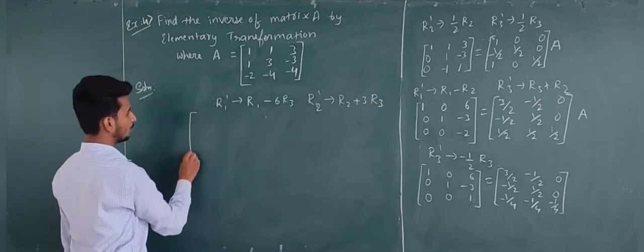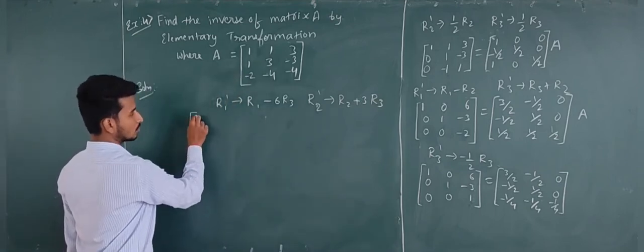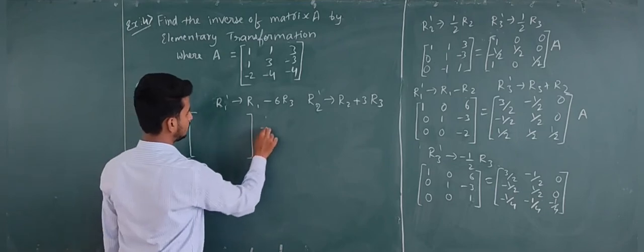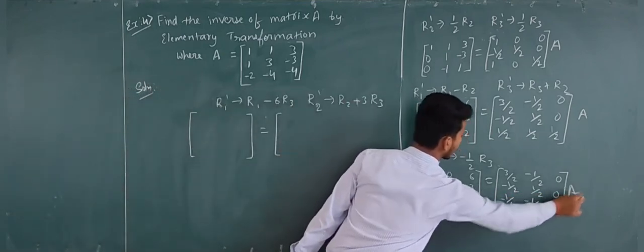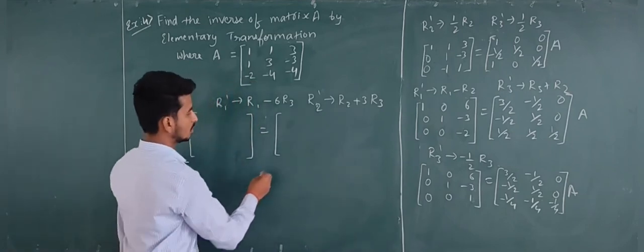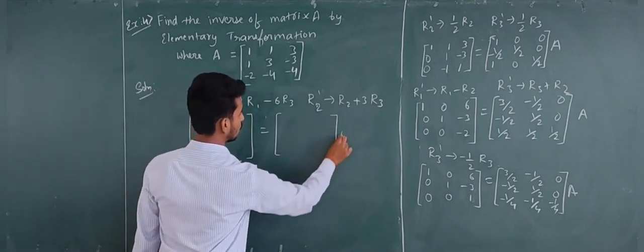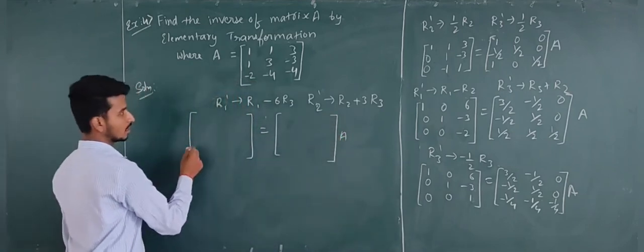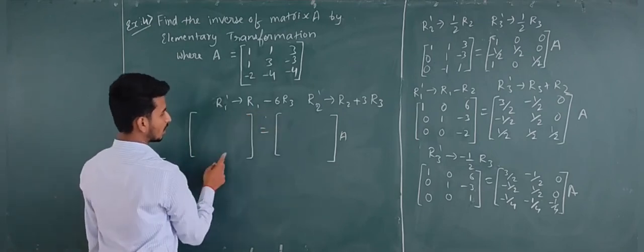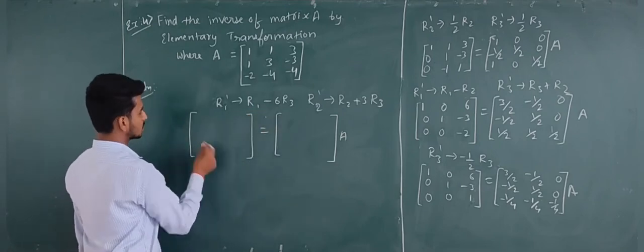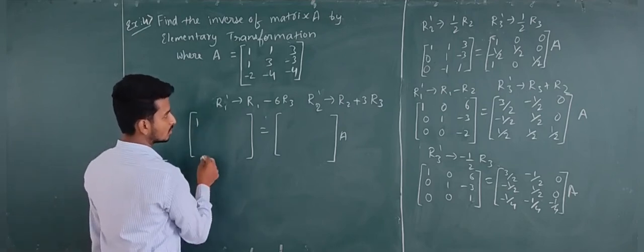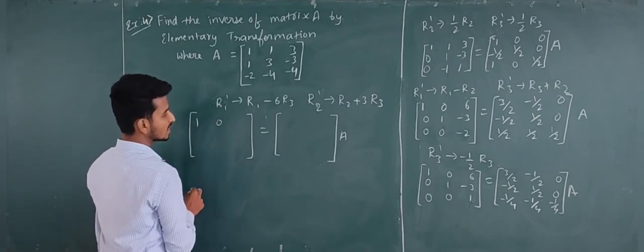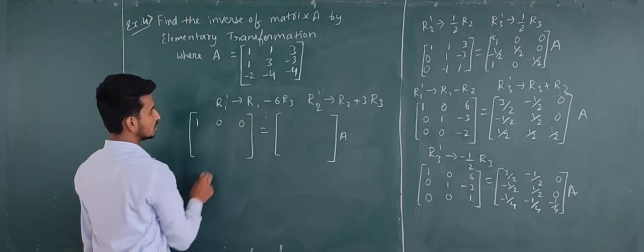Changing the first row, R1 minus 6 R3: 1 stays 1, 0 minus 0 will be 0, and 6 minus 6 will be 0.